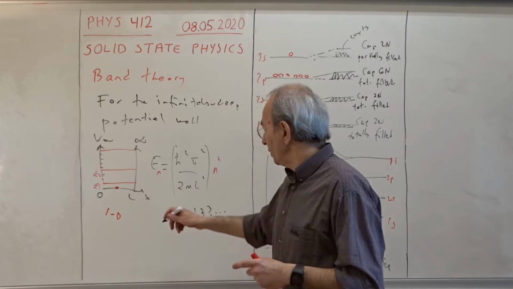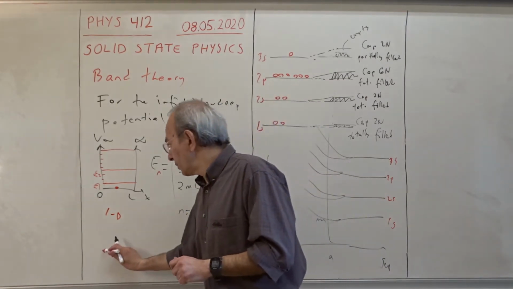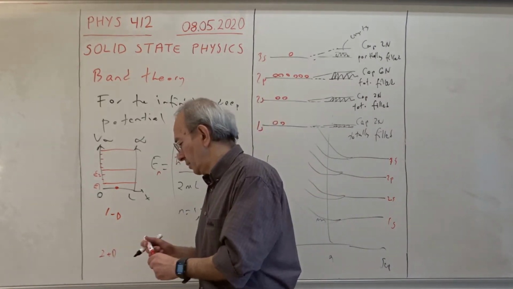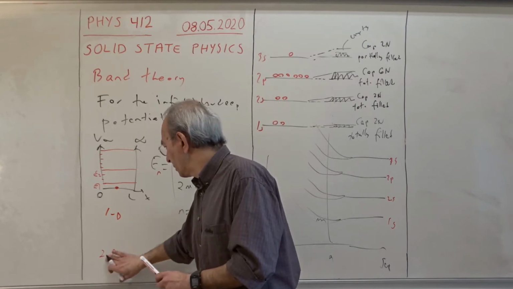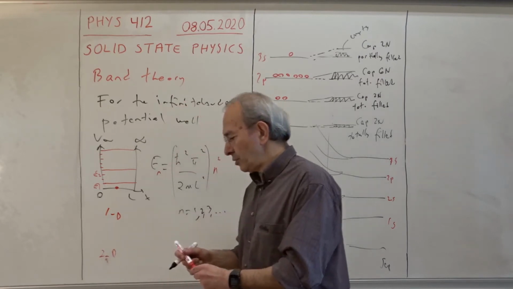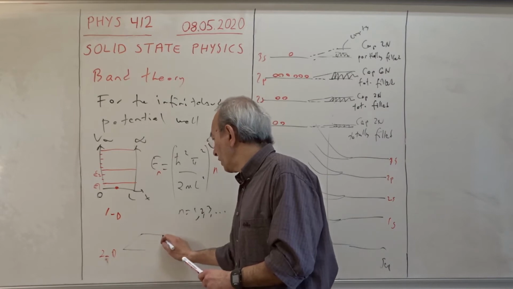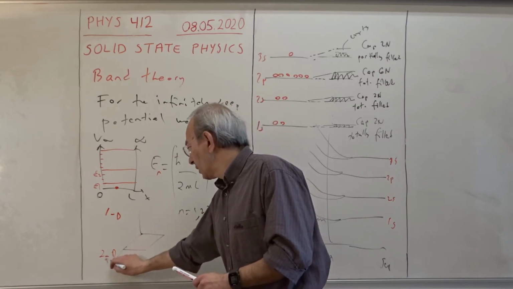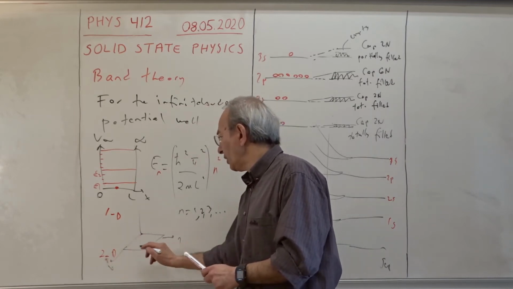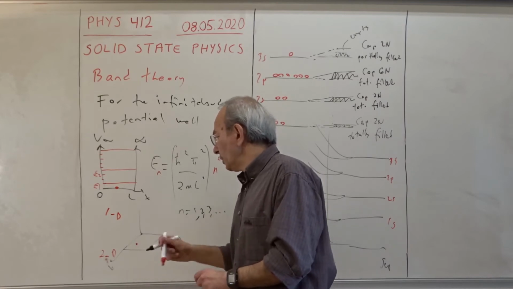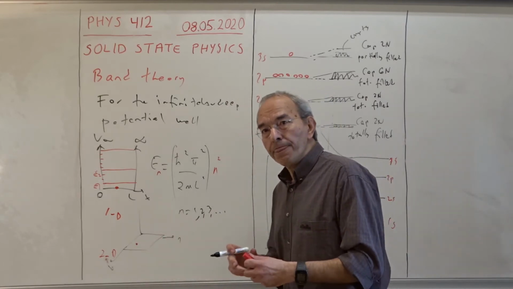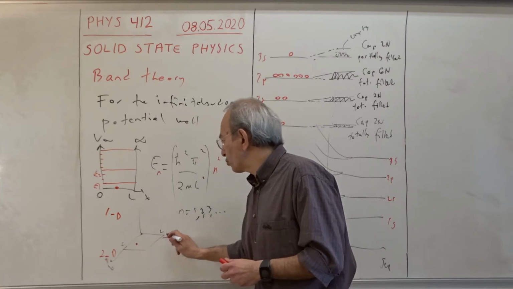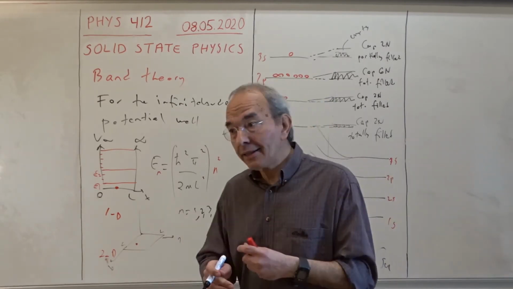In the two-dimensional case, this was the situation: there was a box, this is the x-axis, y-axis, and this is the region. Let's say it is a square box of L by L.